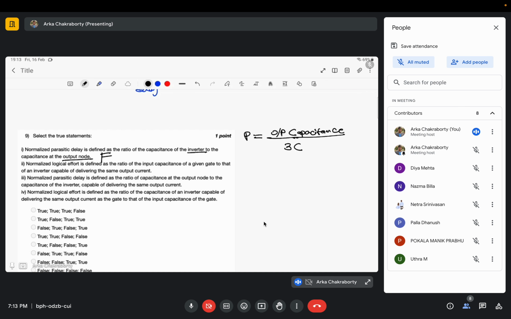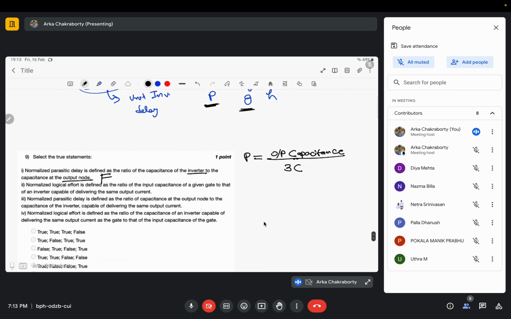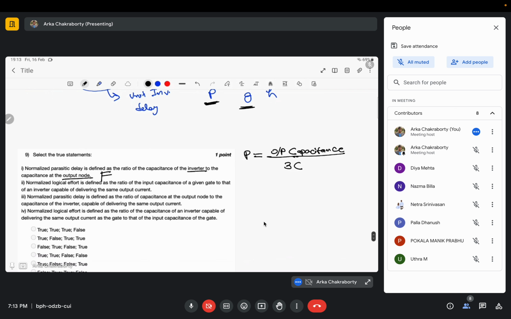The second statement: normalized logical effort, this one, G, is defined as the ratio of input capacitance of a given gate to that of an inverter capable of delivering the same amount of output current. Very important line: same amount of output current.